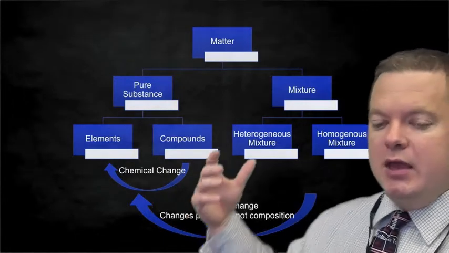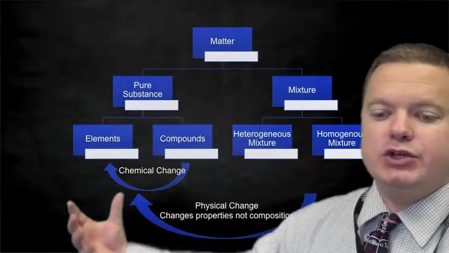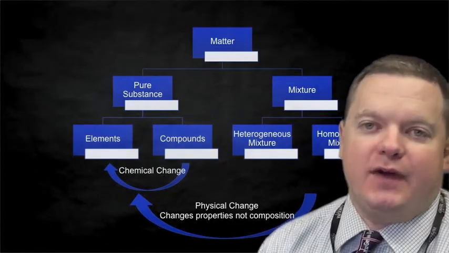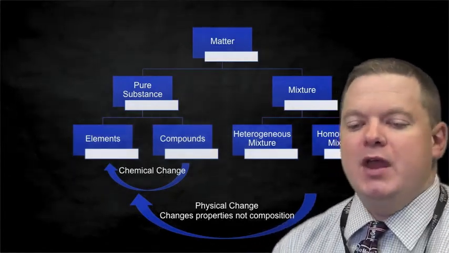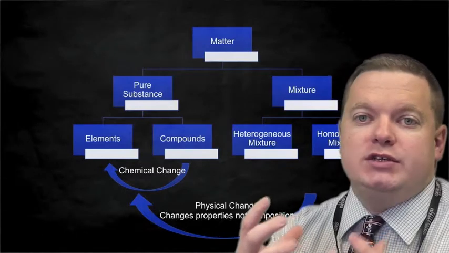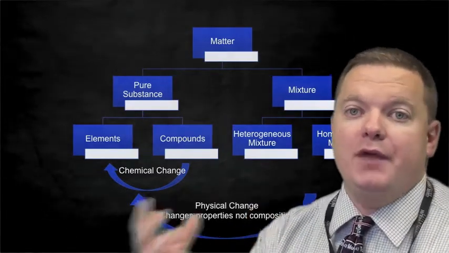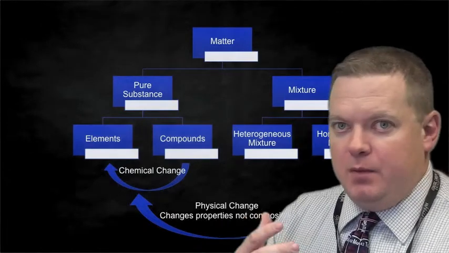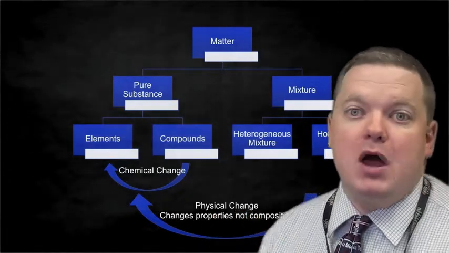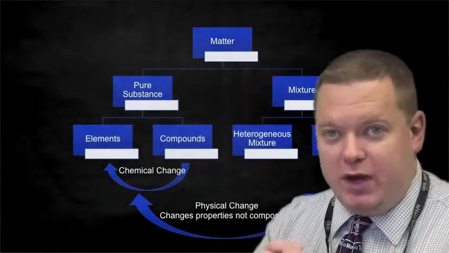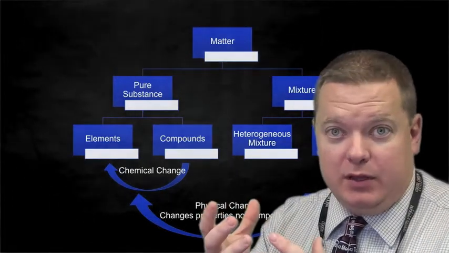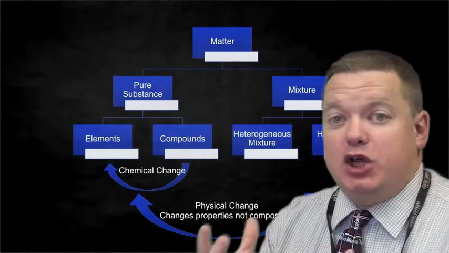We can then break apart these mixtures into pure substances, typically by doing a separation, which we'd classify as a physical change. A physical change changes some property, but not the overall composition. So if we take something like water melting, that's a physical change. It's changing its property, going from a solid to a liquid, but it's not changing what it is.